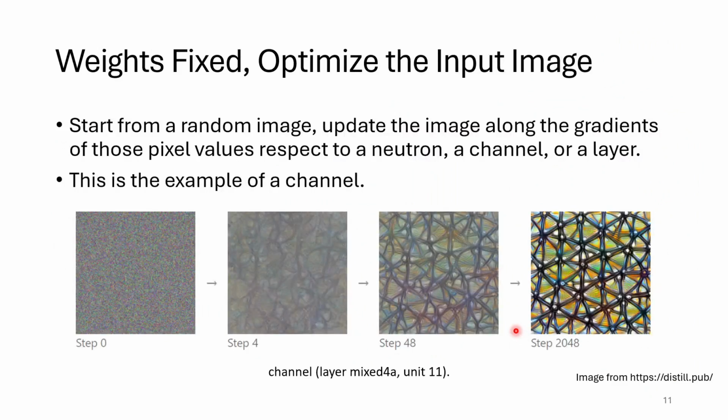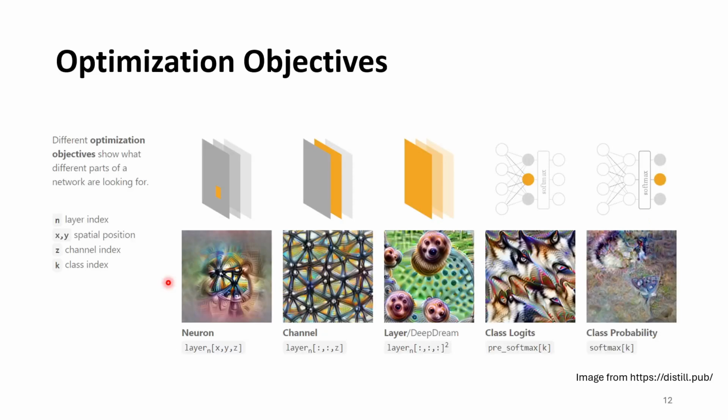They treat the network as a function. It means given an input image or some input data, then through the layers, they will generate activations at a certain layer, so this is a certain neuron, this is a certain layer and a certain channel, and a layer consists of several channels.